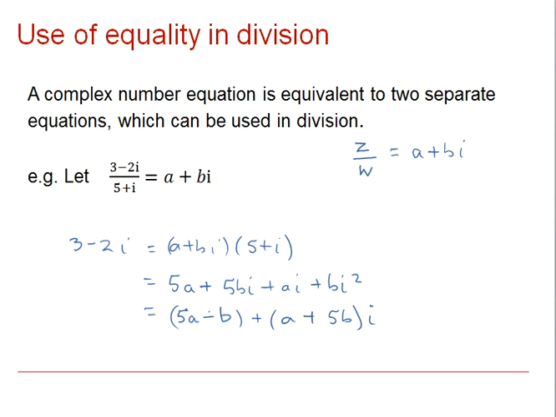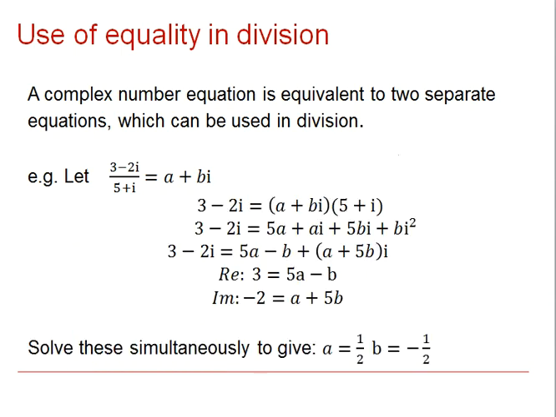Remembering then that the real parts must equate and the imaginary parts must also equate for that equation to hold, we have, looking at the real, that 3 must equal 5a minus b, and then the imaginary, that -2 must equal a plus 5b, thus giving us two simultaneous equations in the two unknowns.